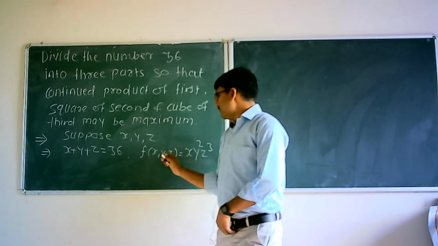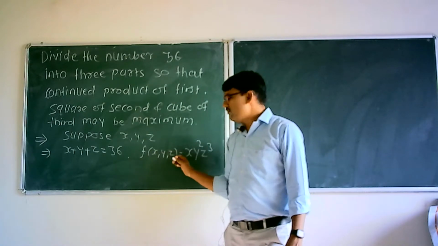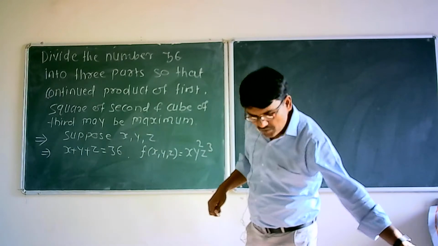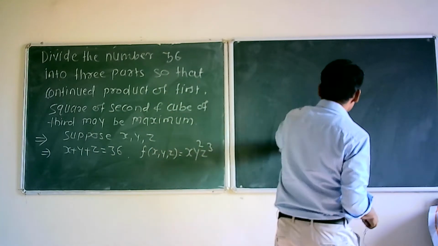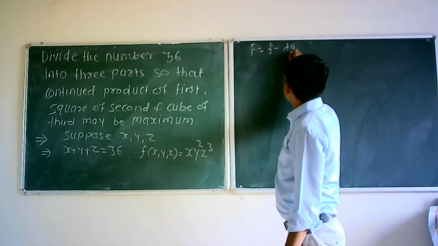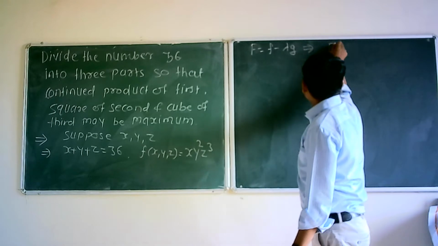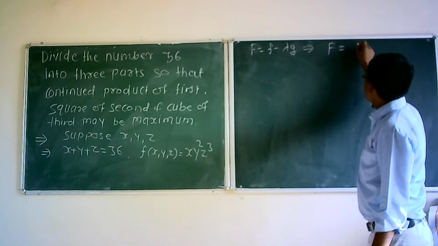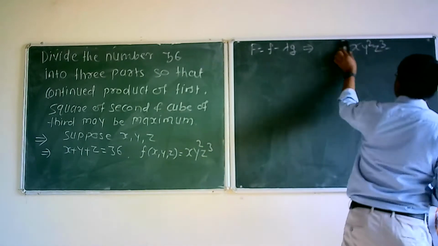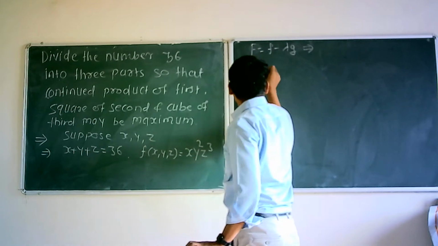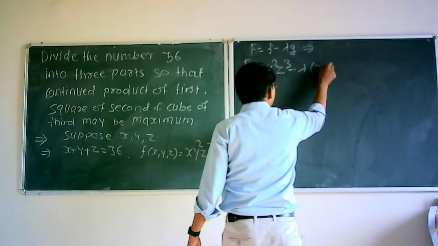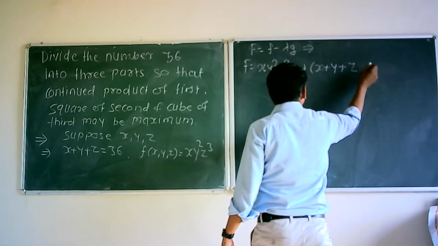So to obtain the extreme values here, we are going to apply Lagrange's method of multipliers. Consider an auxiliary equation. Capital F is equal to f minus lambda g. So capital F is equal to x y square z cube minus lambda times (x plus y plus z minus 36).